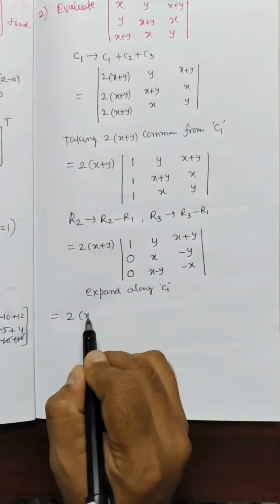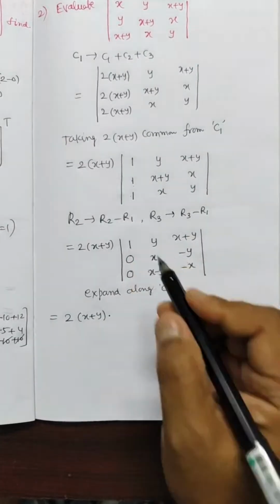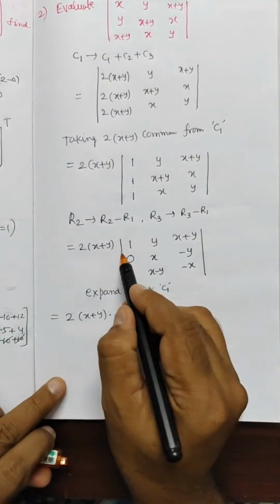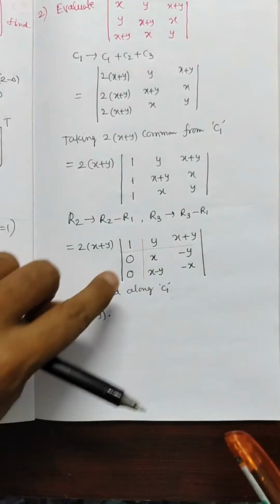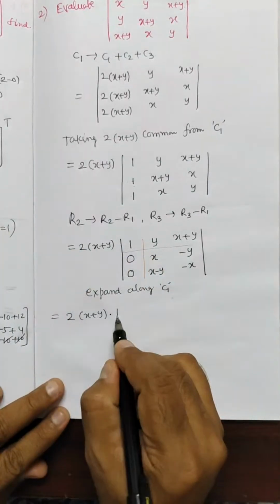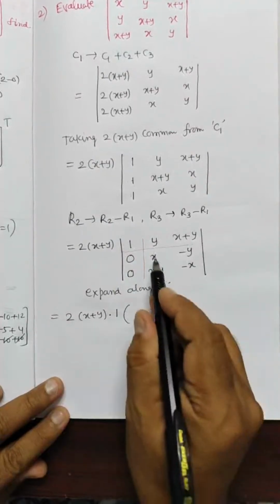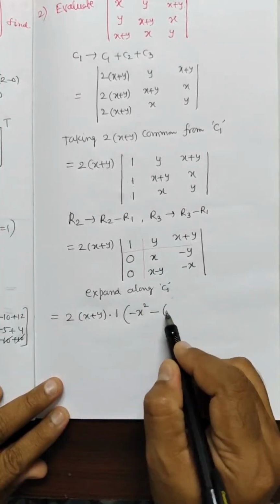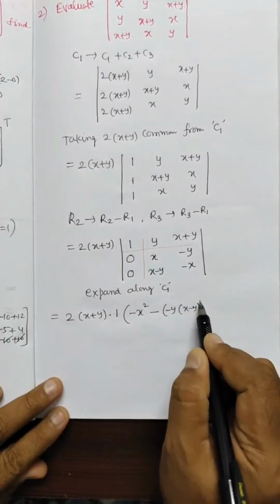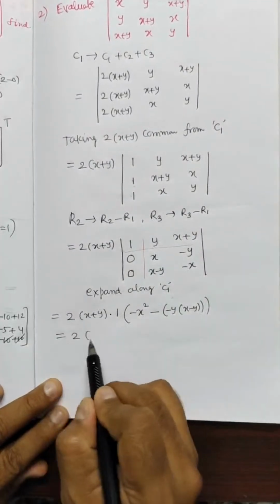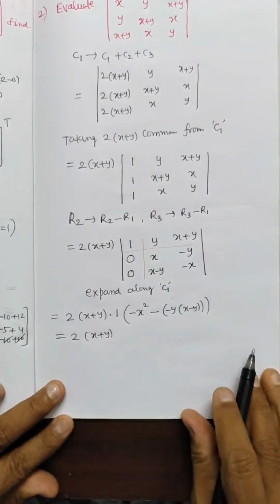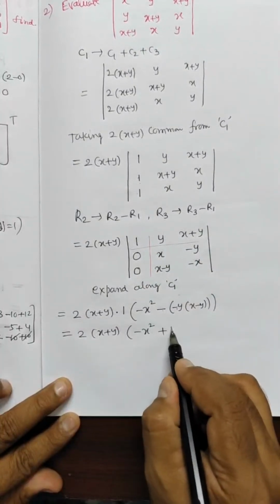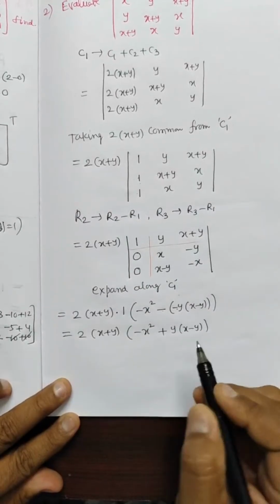So 2 times x plus y into expand along column 1, dear students, this is the way we can. The rest of them, no need of doing. So 1 into the determinant of this one: x into minus x square, minus y into x minus y. So 2 times x plus y into minus x square, minus into minus is plus, y into x minus y.